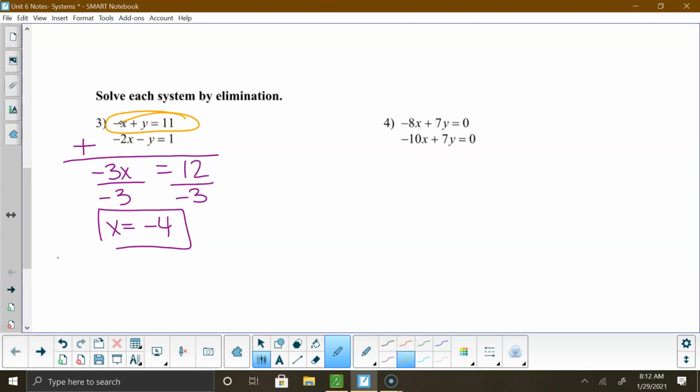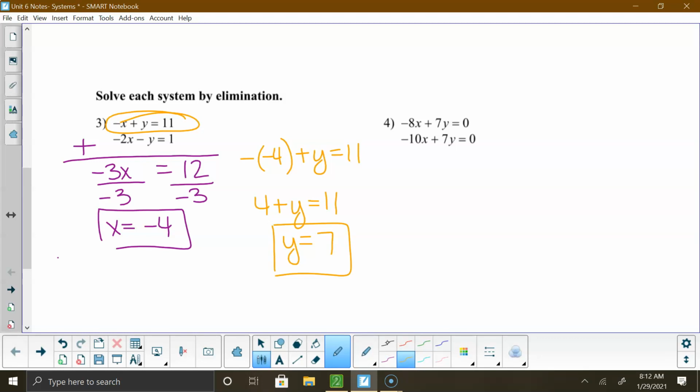So I've got negative 4 plus y equals 11. So y equals 7. Alright, not so bad.